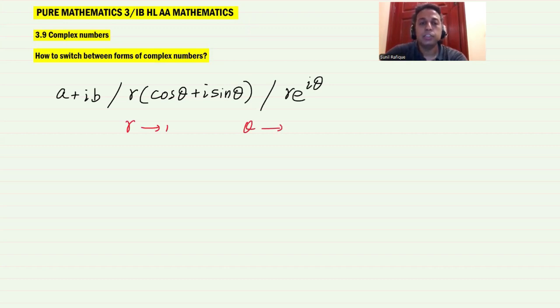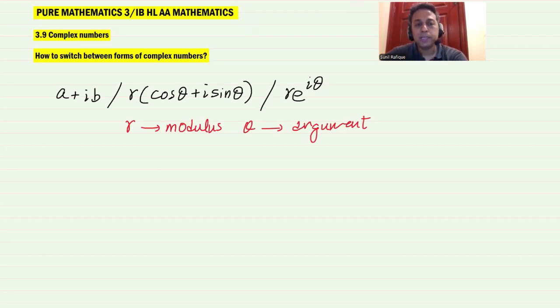Well, r is just the modulus, and theta is the argument of this complex number. If you do not know how to calculate the modulus and the argument, there's a detailed lesson on that. I'll share the link in the description. You can watch that video because that's the fundamental concept, how to get the modulus and argument.